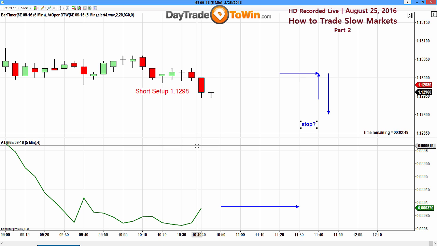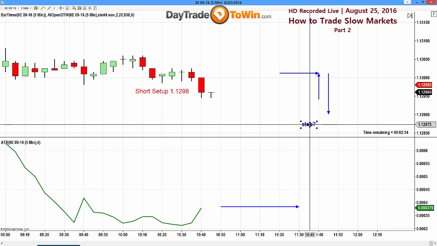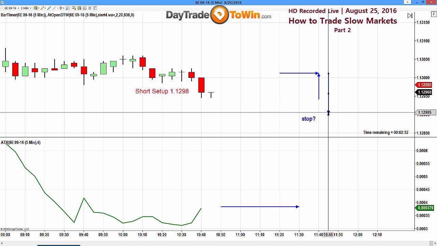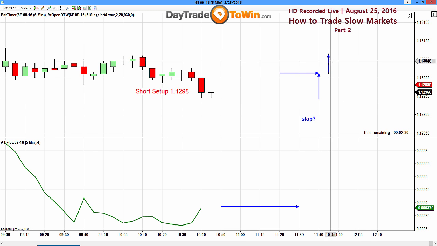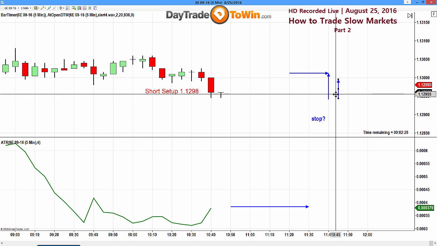That price was tagged, but you didn't get filled. You either have to say to yourself, forget it, that was the event and now I'm moving forward to the next trade, or you have to manage it where the next time this happens to touch, you're going to manage it differently by what's called front running.